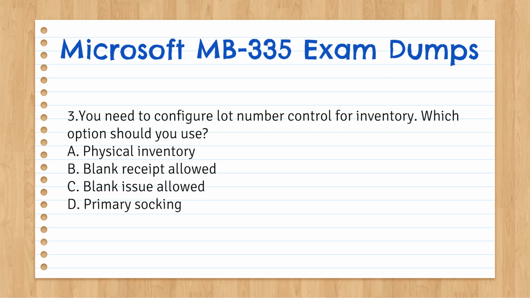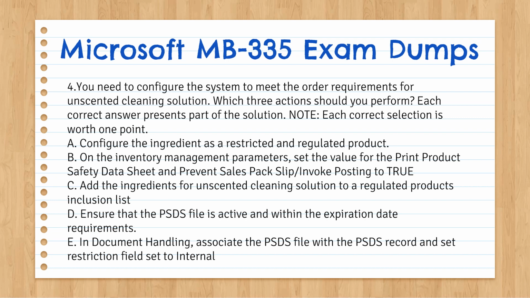4. You need to configure the system to meet the order requirements for unscented cleaning solution. Which 3 actions should you perform? Each correct answer presents part of the solution. Note: each correct selection is worth 1 point. A. Configure the ingredient as a restricted and regulated product.